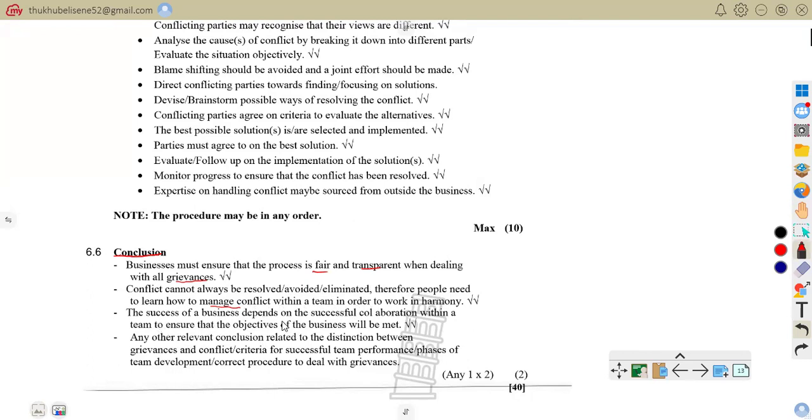The success of the business depends on successful collaboration within a team to ensure that the objectives of the business are met. Collaboration is what can make sure that the team works together towards one common goal.